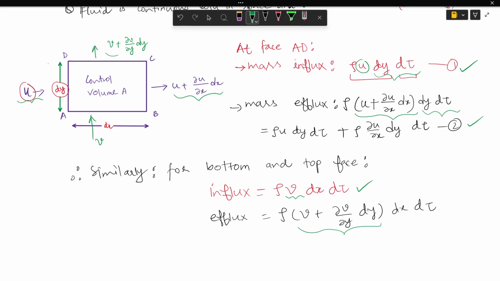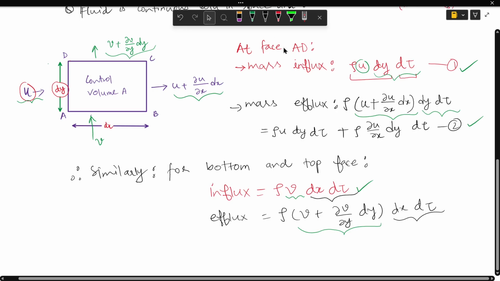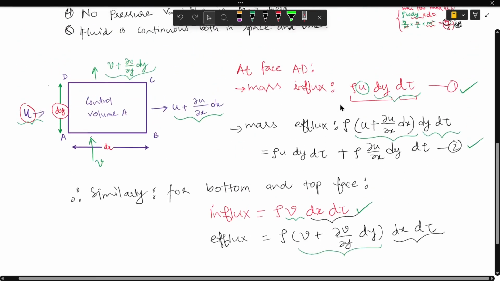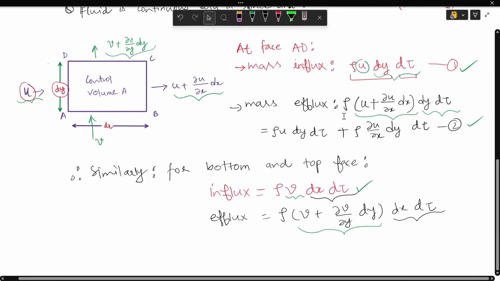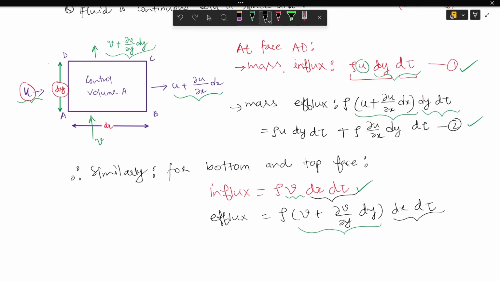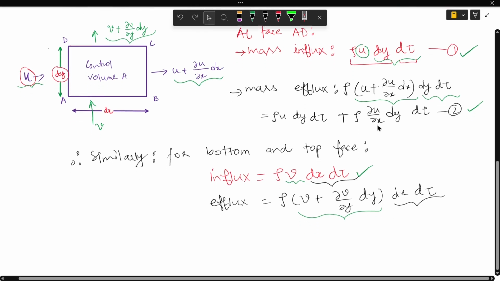As you can see already, v should be replaced with this value because it has traveled distance dy inside that control volume, and dx d tau is just copied and pasted as it is. So we have written the equations for the influx and efflux in case of the top phase, like the phases AD and BC, and also for the phases AB and DC, bottom and top phase, and the left and the right phases.